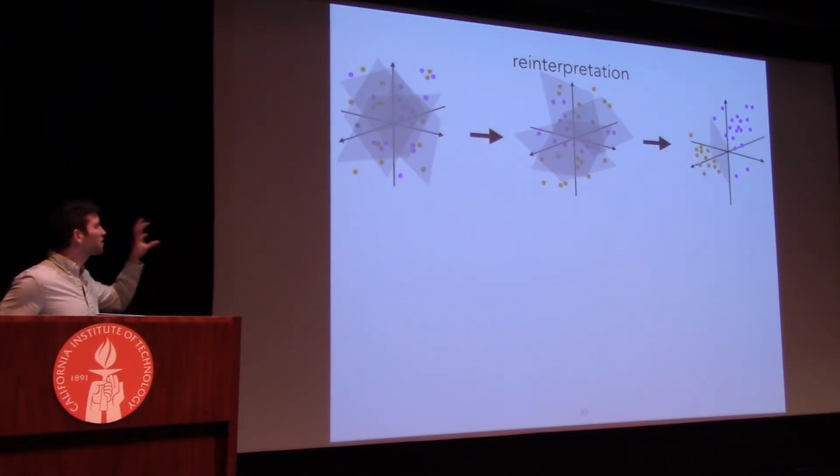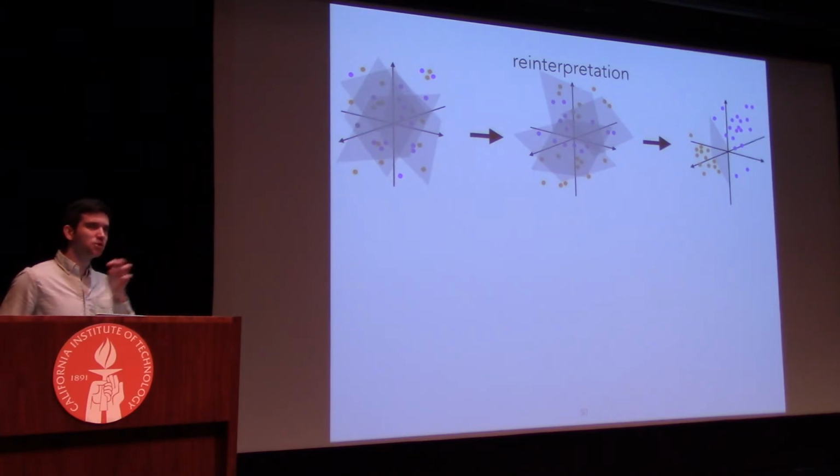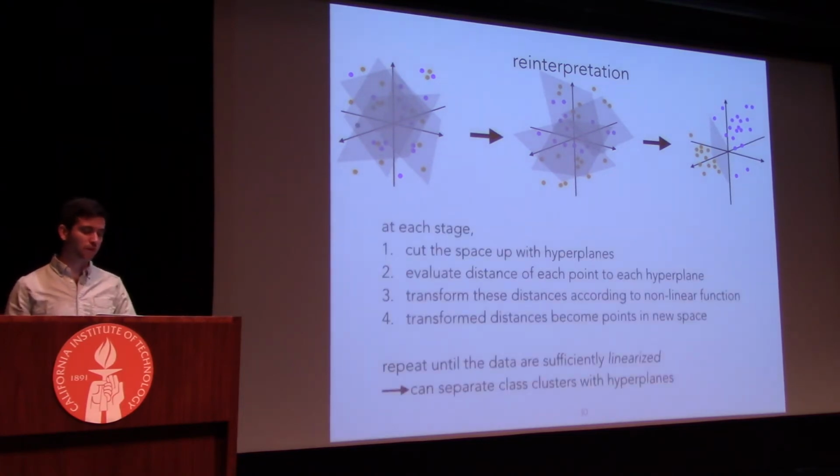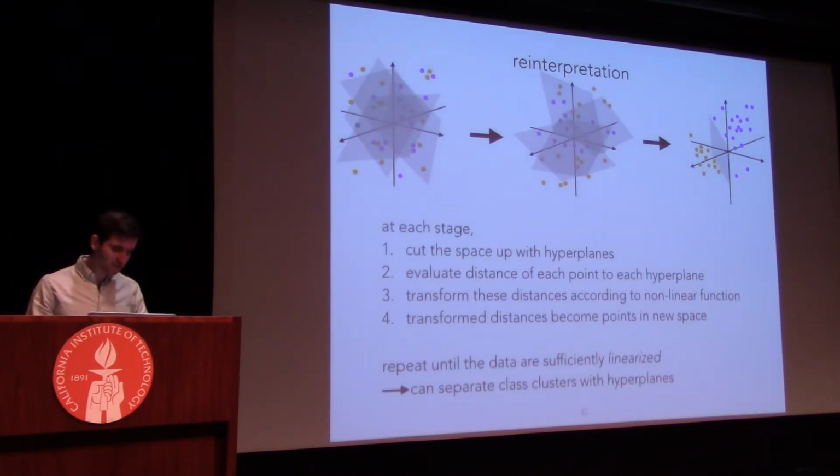But this is the general way you can think of it in terms of these geometric interpretations of cutting up the space as we go through the network. So again, we're cutting up the space and transforming it into a new space. That's all we're doing with each layer of processing.